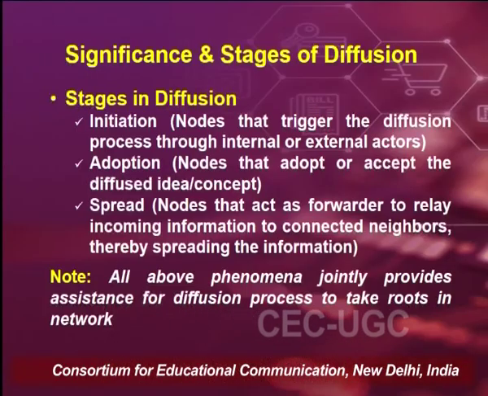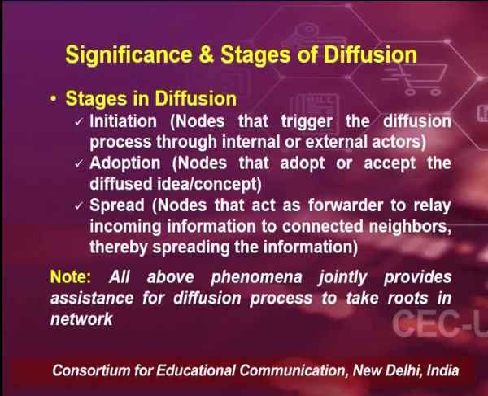Now when we are studying diffusion, there are certain stages that come across during this phenomenon. The first one is the initiation phase. In the initiation phase, there are certain profiles or nodes that tend to trigger the diffusion process, that is the spread of the information.